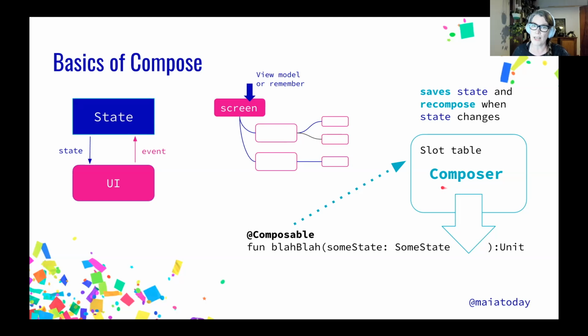The composer has a data structure called a slot table, and inside that data structure, it knows the state. It knows how this tree is built and which pieces are dependent on which pieces of state. So it is able to recompose any of these composables if it deems necessary.